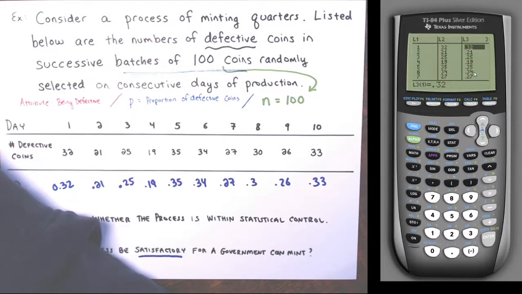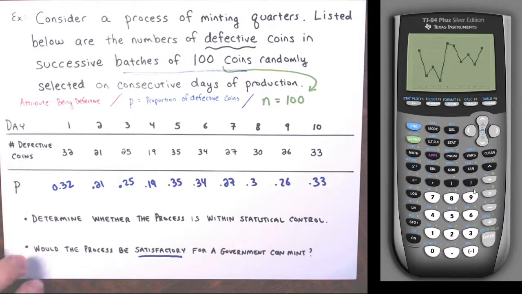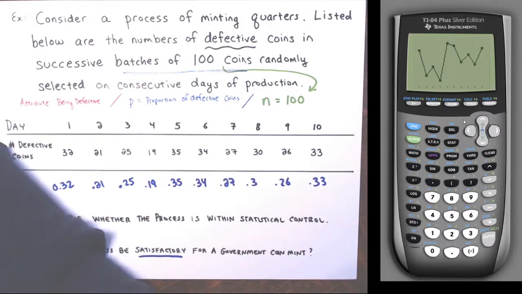All right. So I've already entered these, and I've set up a stat plot. If I go to y equals, you see plot 1 is on. I've set up a plot where you're going to see these plotted out. So I'm going to go zoom 9 for stat plot, and there you go. Again, I'll hit the trace button here, and we can see on the first day 0.32, the proportion of defects in that first sample.